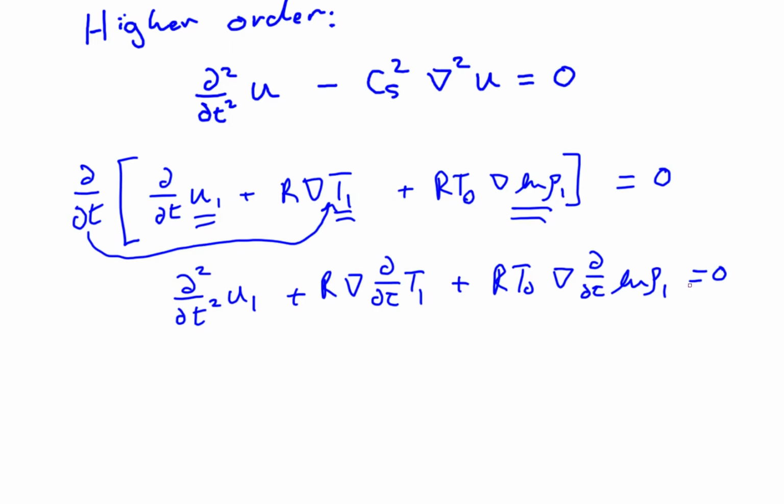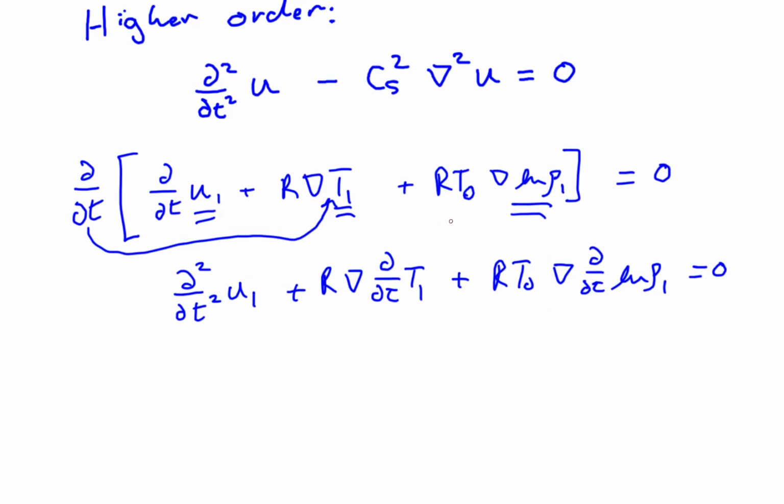Now for this extremely simple system, we already know the solutions to d by dt of T1. This is given by the temperature equation, and this is given by minus gamma minus 1 times T naught times the divergence of u. And likewise, d by dt of log rho 1 comes from the continuity equation, and this is just minus the divergence of u.